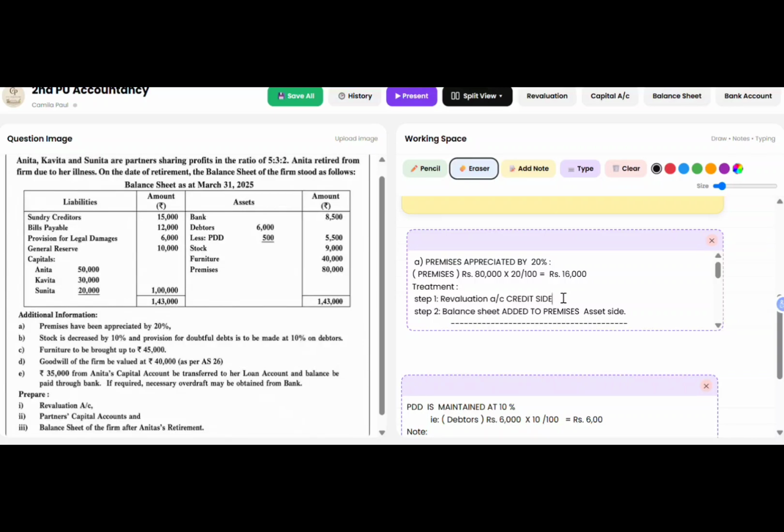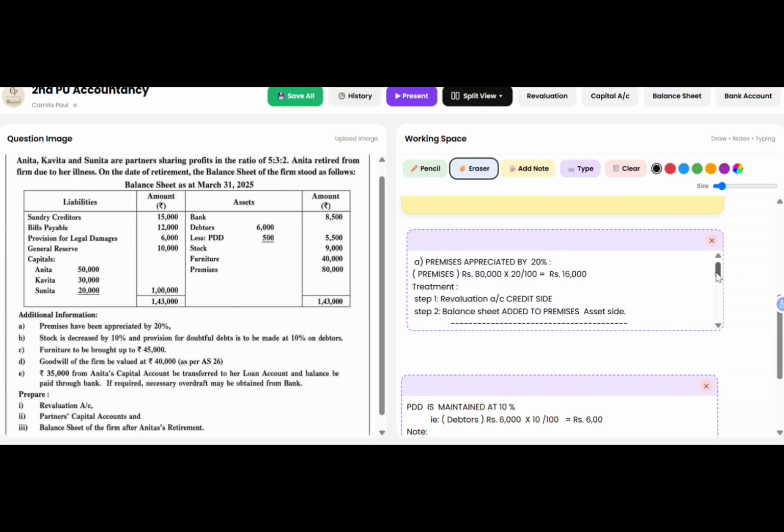That is the appreciation of the premises. Since the asset is appreciated, first we have to record it on the credit side of the revaluation account, and secondly in the balance sheet we have to add it to the premises on the asset side. That is, 16,000 rupees appreciation should be added to the premises 80,000 in the balance sheet.